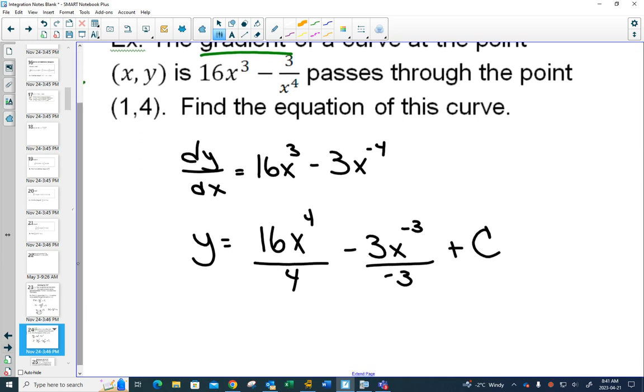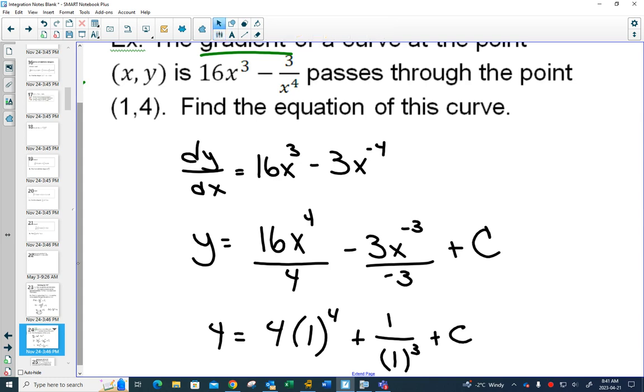So now we know it passes through 1, 4. So we can plug in 4 for y. Are you okay from here to here? I did a little bit of mental math. First of all, I simplified the negative 3 divided by negative 3.